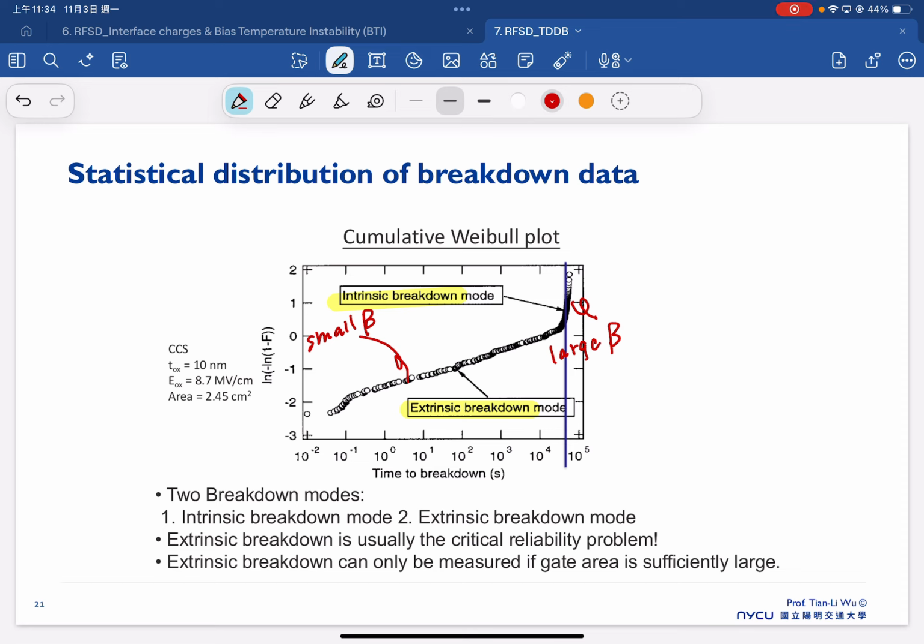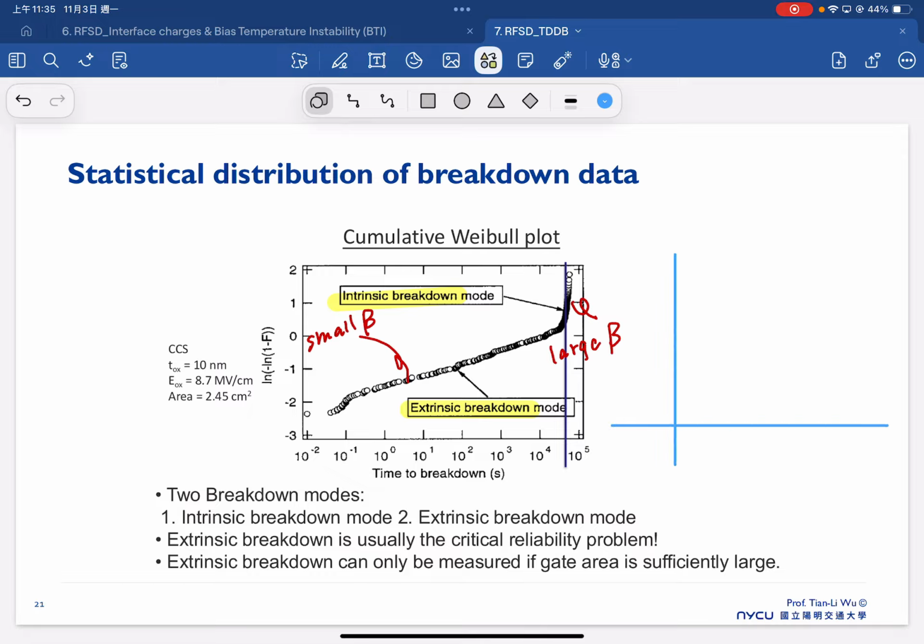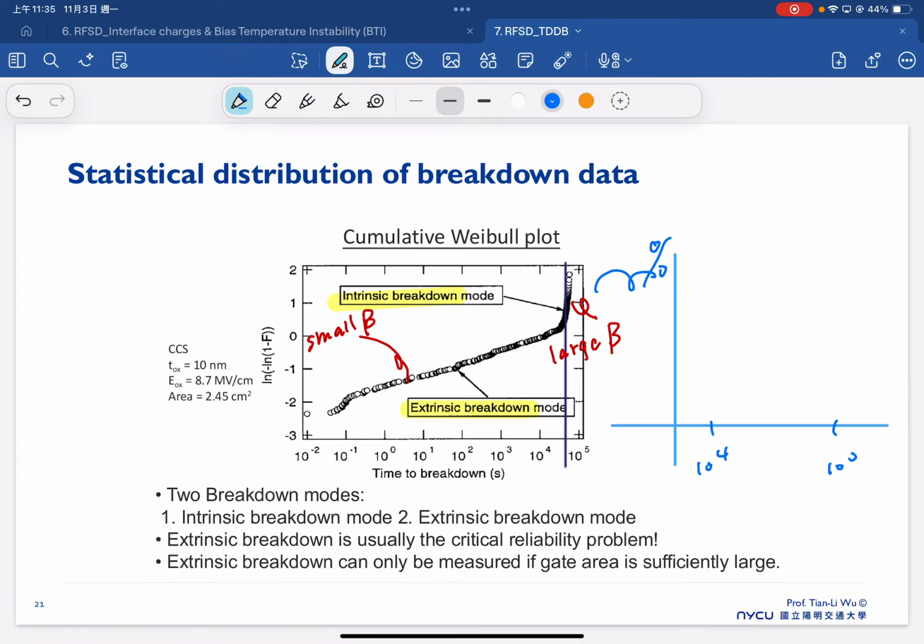But now if you try to plot this back to the conventional distribution, then you will realize the large beta here, if you plot as a percentage versus a certain value of time, for example here the time can be considered between 10 to the 4 and 10 to the 5, then you will see your distribution is very narrow and lies between 10 to the 4 and 10 to the 5 seconds.